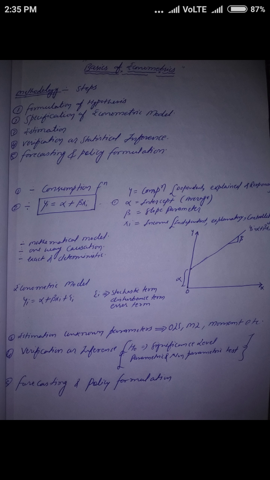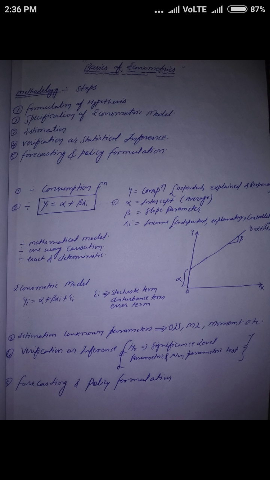Later on we will discuss that also. That is also known as the Gauss Markov assumptions. So if we formulate the econometric model, then our next step is the estimation of unknown parameters.